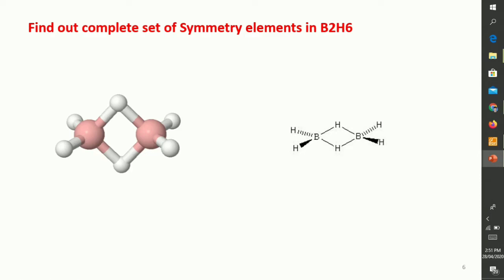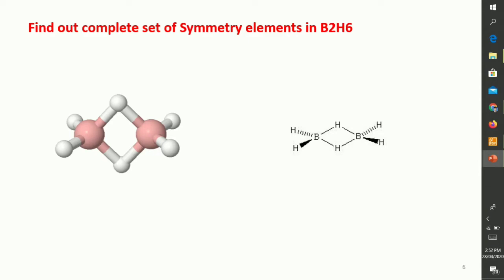So all the x, y, and z axes exhibit C2 rotation. The same is the case with the planes of symmetry. There are three sigmas present in this diborane, and the axes of the planes of symmetry are similar to the proper axes of rotation.